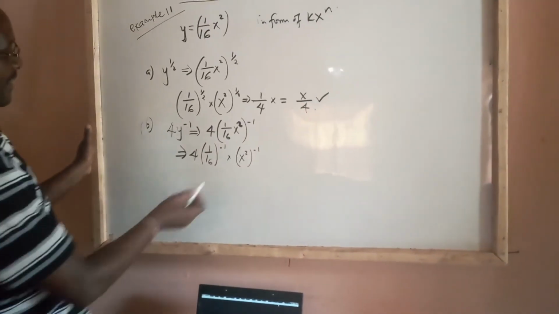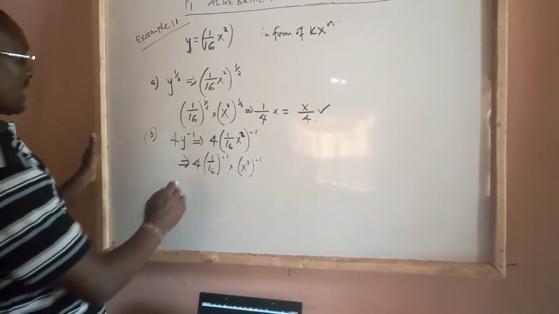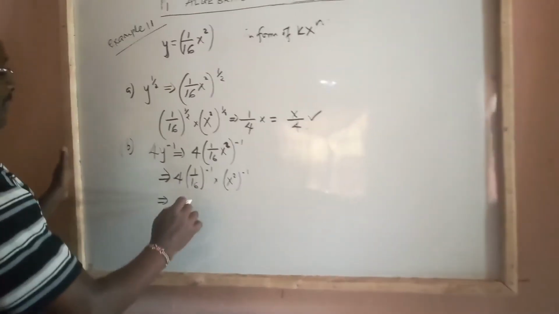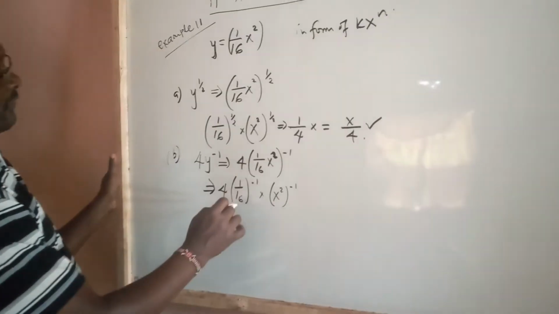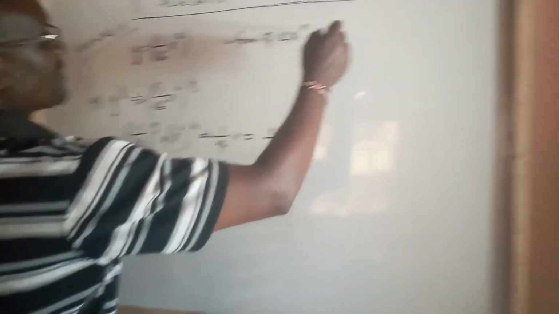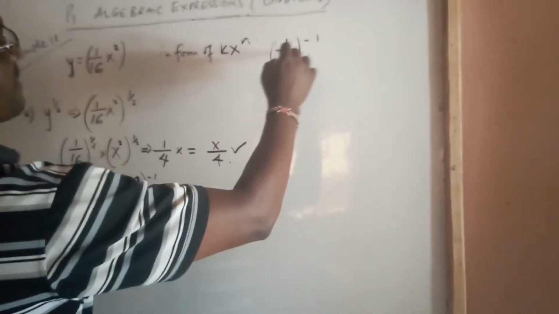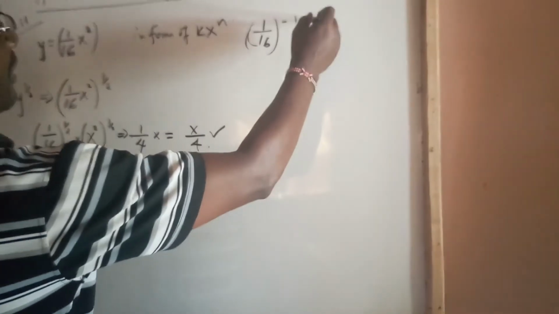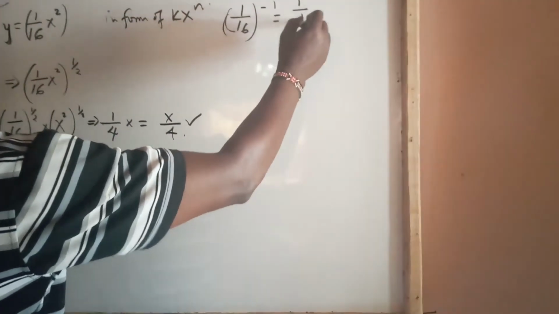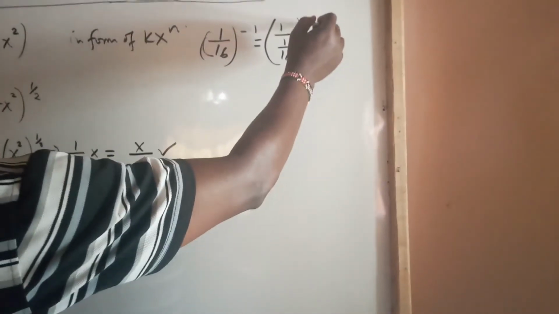What we see here, we can talk about reciprocating this, giving us 1 over 4 multiplied by 1 over 16. And I want us to talk about 1 over 16 raised to power minus 1. This is the same as the reciprocal of what we have, 1 over 16, the whole of this raised to power 1.